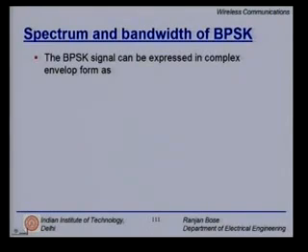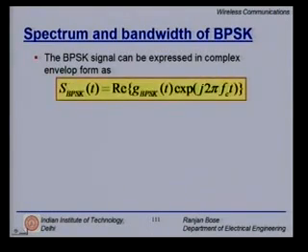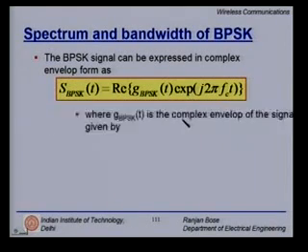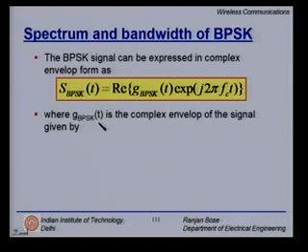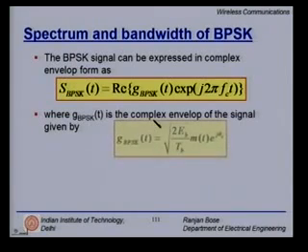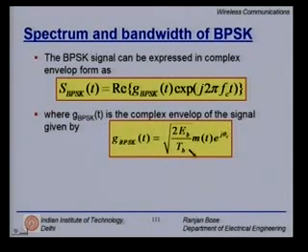How does the bandwidth of the BPSK look like? The BPSK signal can be expressed in complex envelope form as follows: real part of g_BPSK(t) e raised to j 2 pi fc t, where g_BPSK(t) is the complex envelope of the signal given by root of 2 Eb over Tb m(t) e raised to j theta c.